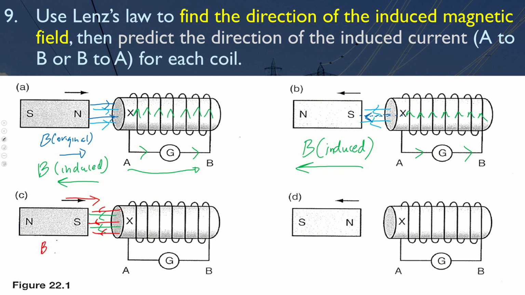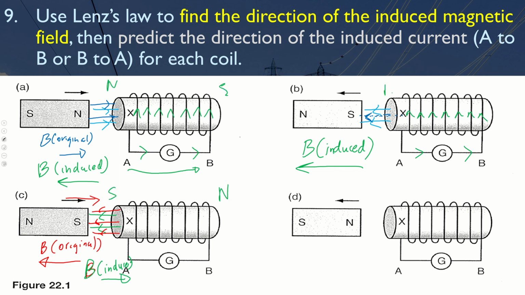So the B motion, the original motion, is to produce more field lines going in that direction, which means according to Lenz's law, the B induced, or the induced direction of the magnetic field, would oppose that. So our induced magnetic field is going to go this way. So this is going to be north here. That's going to be south there.